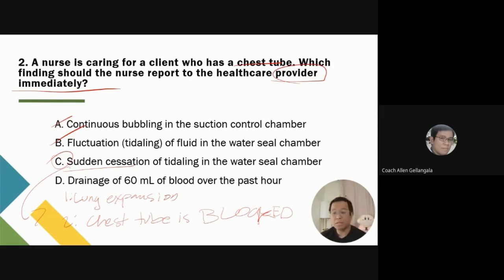So an x-ray should be done in order to verify if the lung has expanded, and it's probably time to remove the chest tube, or to see where the actual blockage is coming from. So patency as well as the actual expansion of the lung.